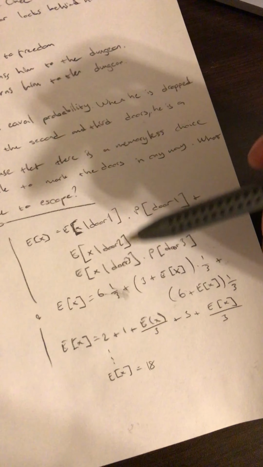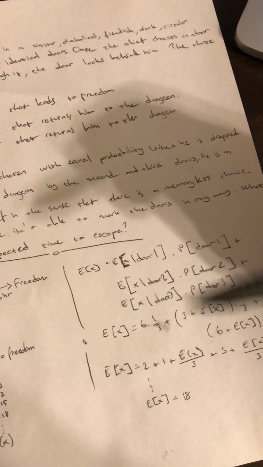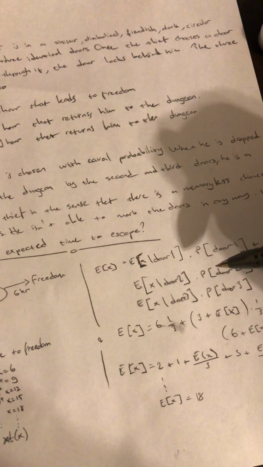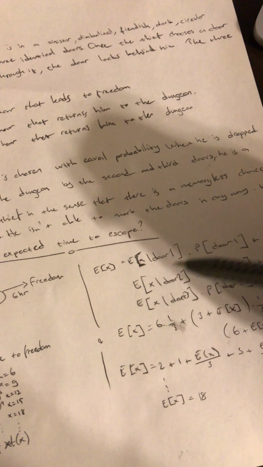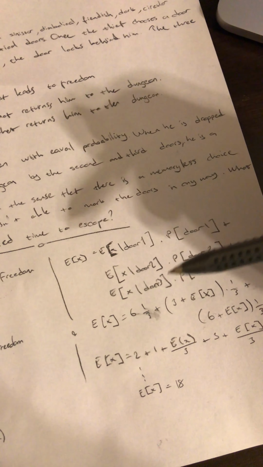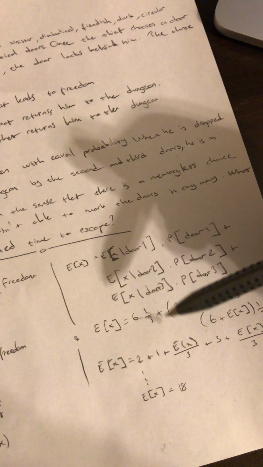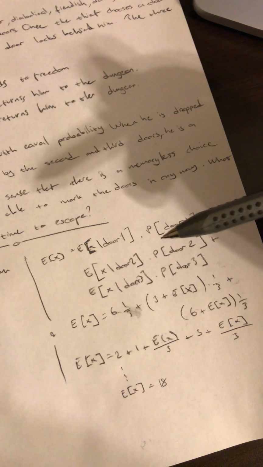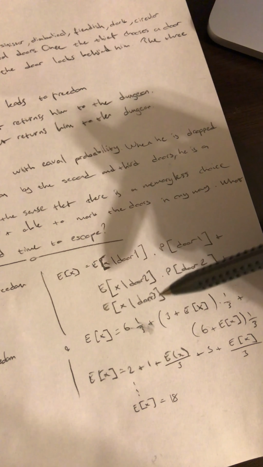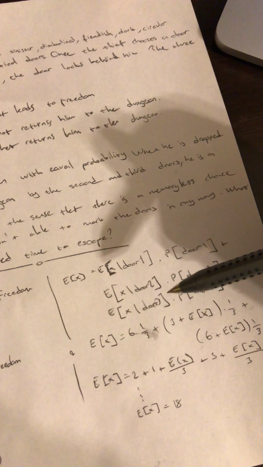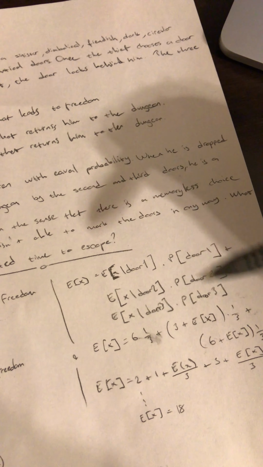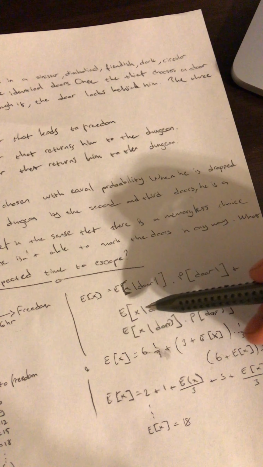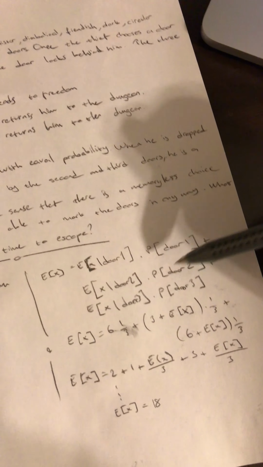I'm going to condition on the first door choice, and the way this works is to find the expected time to escape. You look at the conditional expectation given his first door choice was door number 1, the one that led to freedom, and you weight that by the probability that door 1 is chosen, and then you add to that the expected value of x given that he chose door 2 as his first door choice times the probability of door 2.